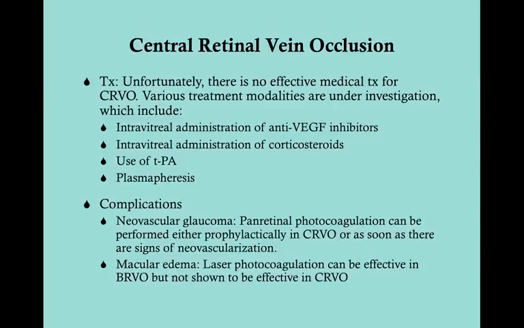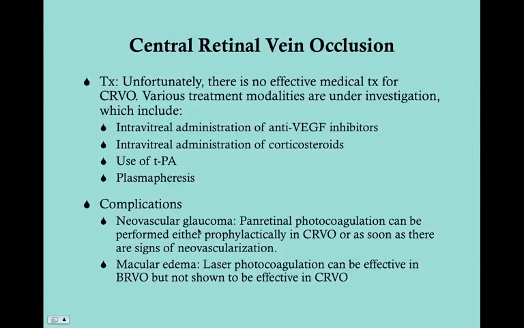So remember that VEGF is a protein that stimulates angiogenesis, and so this will reduce the development of more vessels, which is the classic response when there's ischemia. There's also intravitreal administration of corticosteroids to reduce some of the inflammation that invariably happens with this. The use of locally injected TPA, and then plasmapheresis.